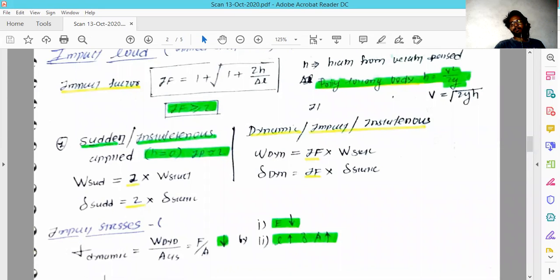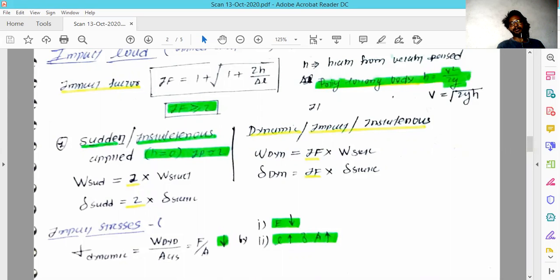If you want to find the impact stresses, the dynamic stress is nothing but the dynamic load divided by the area of cross section. So how is this stress going to be reduced? If you place the value of change in length there, it shows the impact factor is directly proportional to the square root of AE.